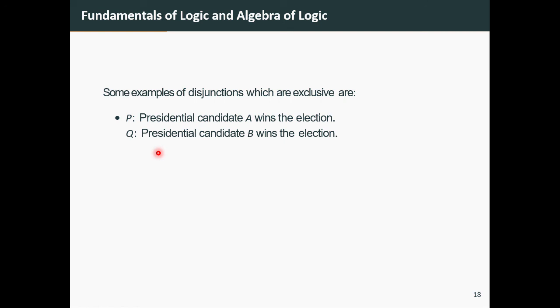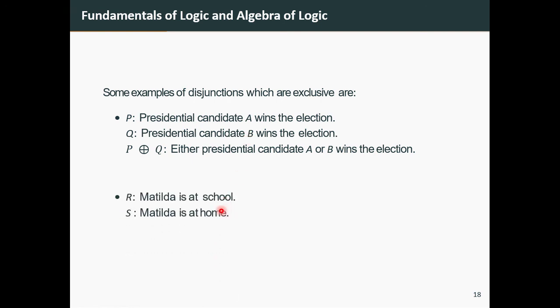So for the exclusive OR, either presidential candidate A or B wins the election. So as you notice, candidate A and candidate B cannot win the election simultaneously. Unless, of course, candidate A is the same as candidate B.